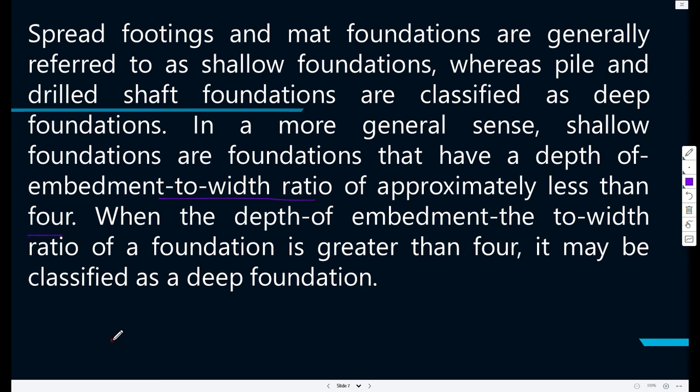So if you want to know the distinction between shallow and deep foundations, if this is your foundation, you talk about the length and the depth. If D over L is less than 4, then you have a shallow foundation. Otherwise, you're talking about a deep foundation.